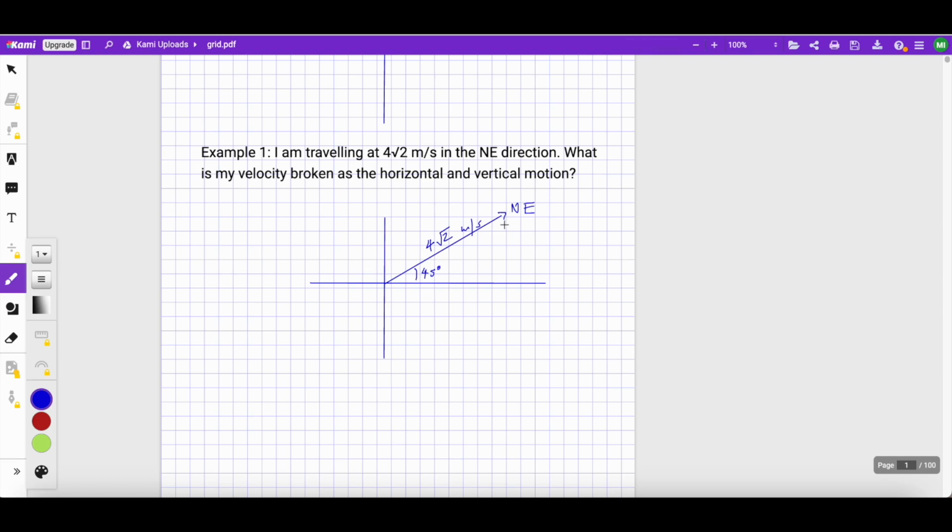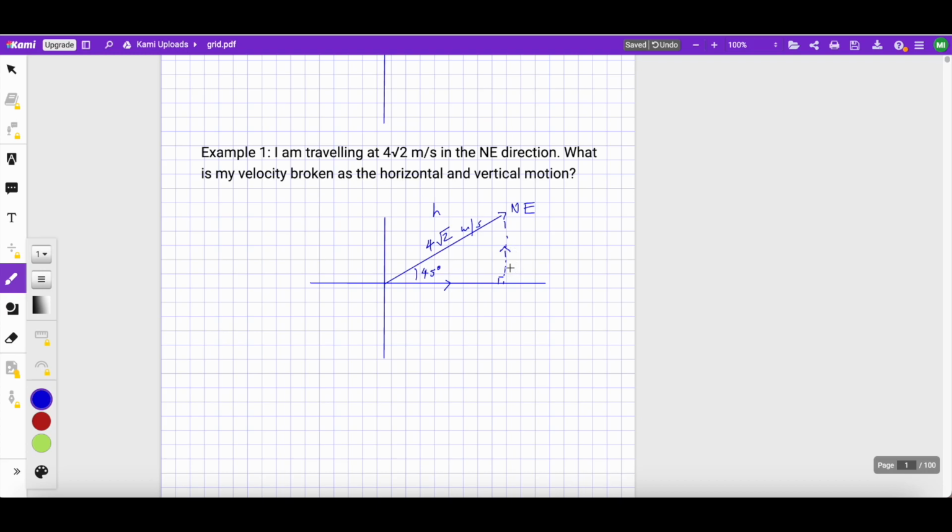If I were to design a right angle triangle here, 4√2 will act as my hypotenuse. Going 4√2 in the northeast direction, I am moving some amount to the east and some amount to the north.